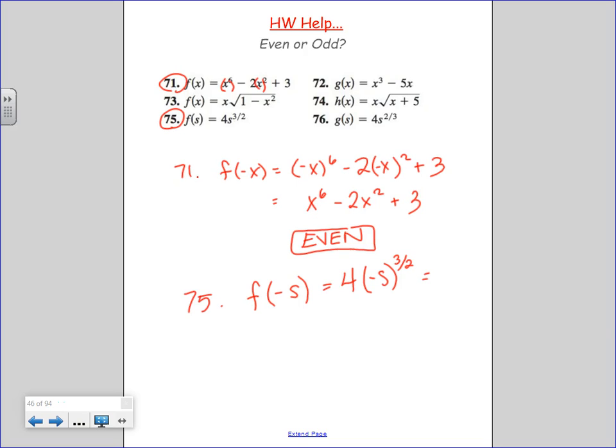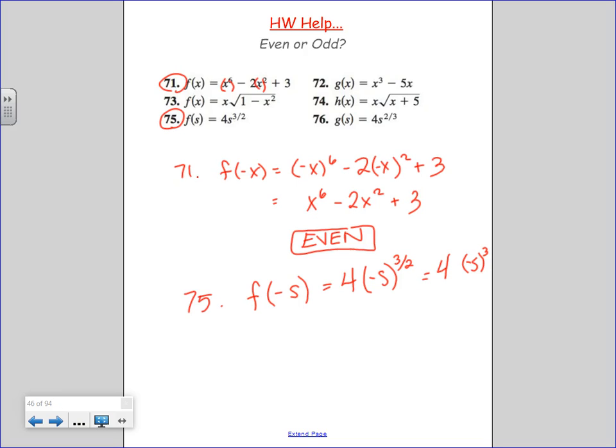If we were to take away the divided by 2, don't we know what to do? Isn't it just negative s cubed? So keep that. 4 is out here, just chilling. It's going to be negative s cubed.